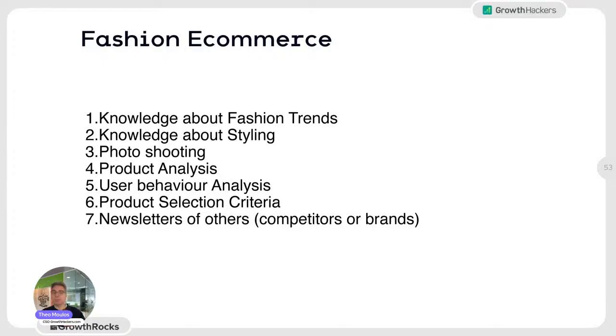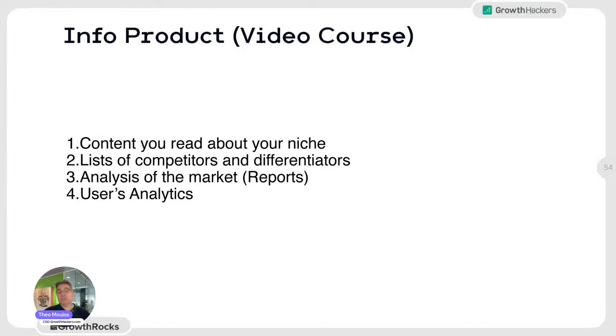Okay, and you could create something around that, something that will be unrelated or, let's say, indirectly related to your fashion e-commerce site. Okay, then next one is, for example, you have an info product. Let's assume you have a video course or something.